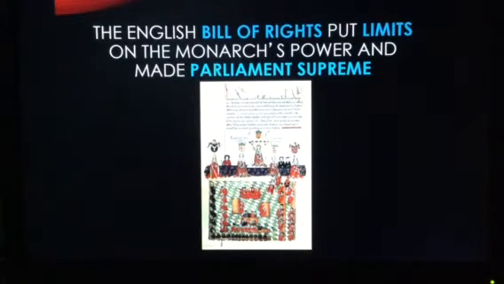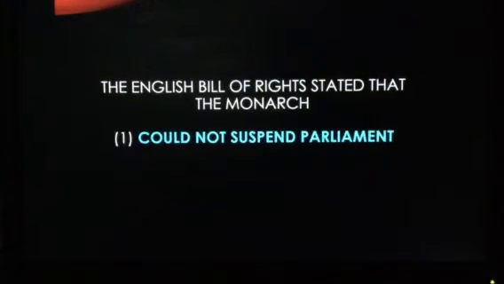This is kind of fast forwarding through some of English history to the Glorious Revolution. The English Bill of Rights that William and Mary signed stated that the monarch, number one, could not suspend Parliament, as previous monarchs had done throughout English history.